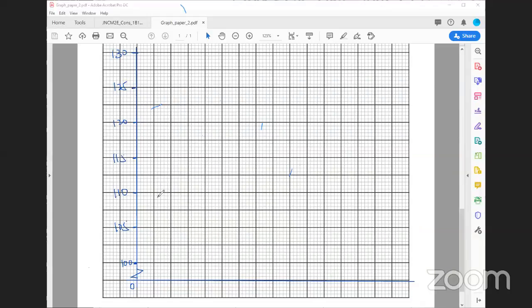This one represents the number of digital products, and this one is the month: January, February, March, April, May, and June.